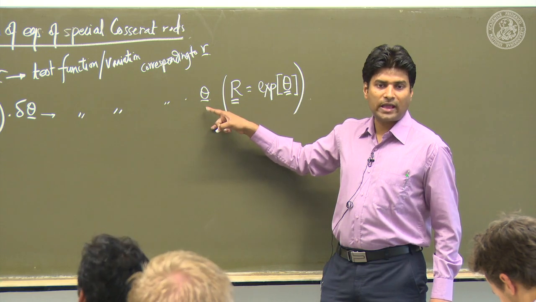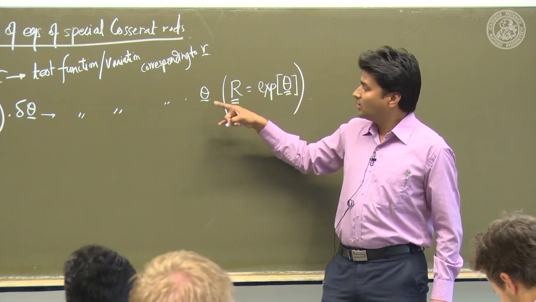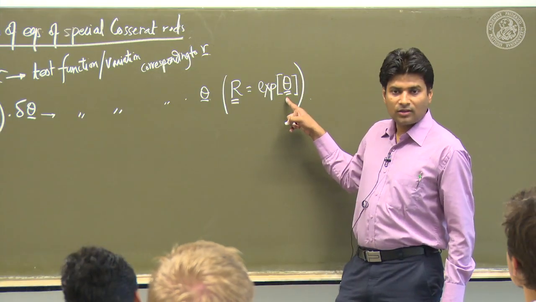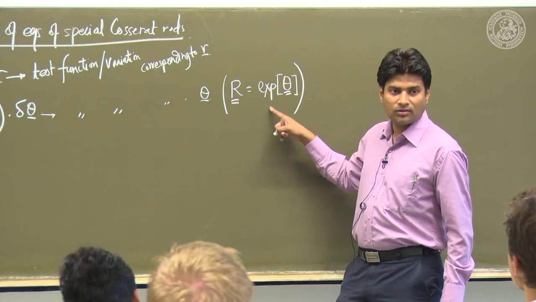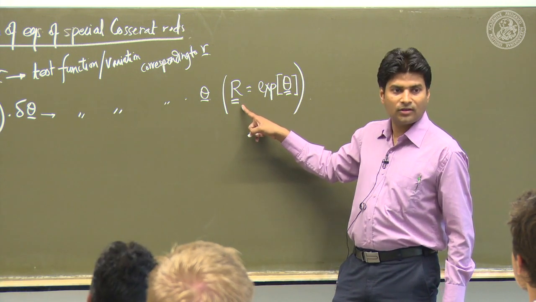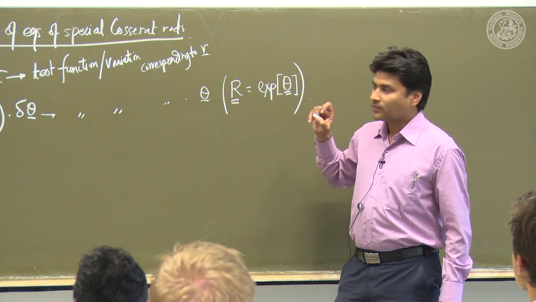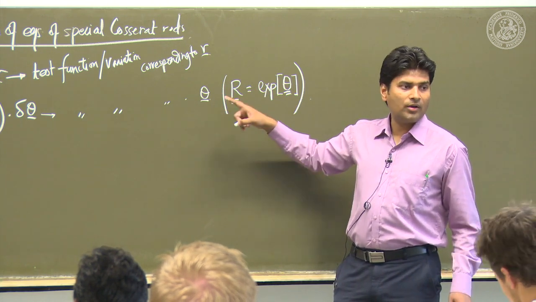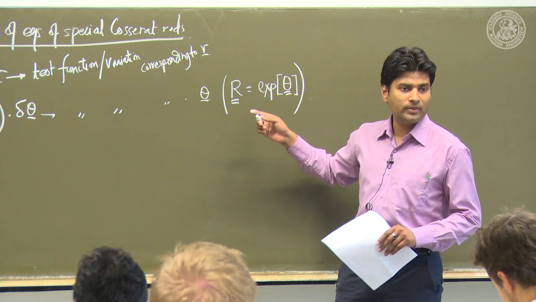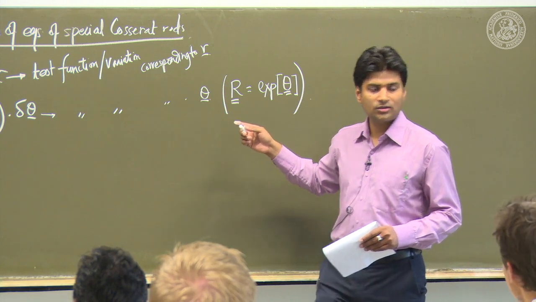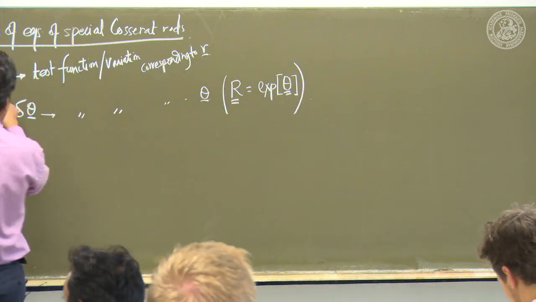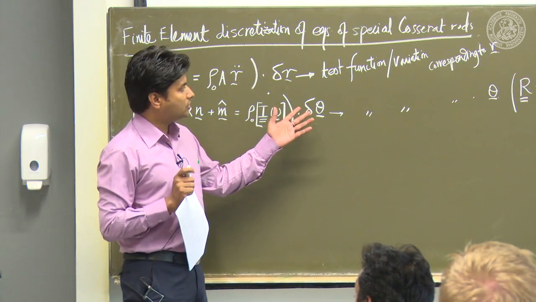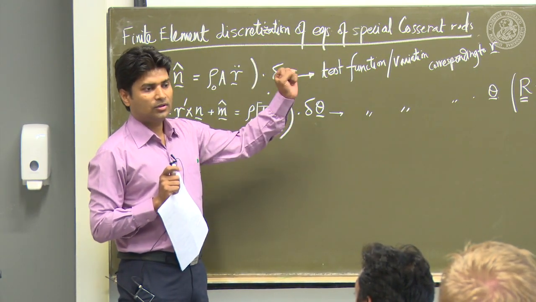So that's the axis angle representation. Find the skew symmetric matrix of theta, exponentiate it, then you get your rotation tensor. All right. So little r and theta are our kinematic unknown variables for special Cosserat rods, and del r and del theta are the corresponding variations in those variables.